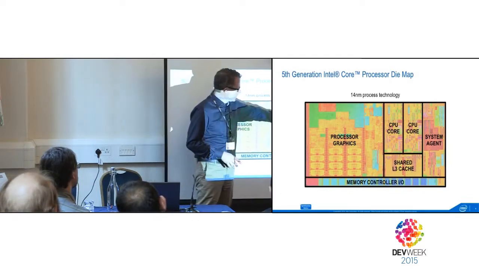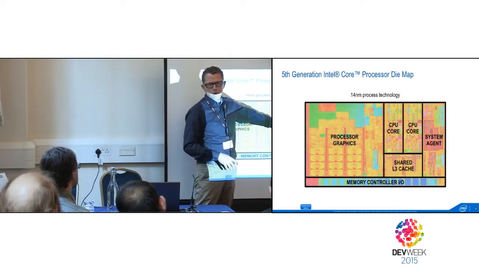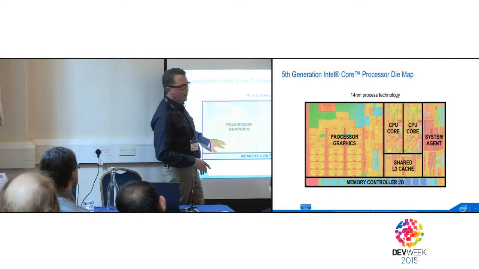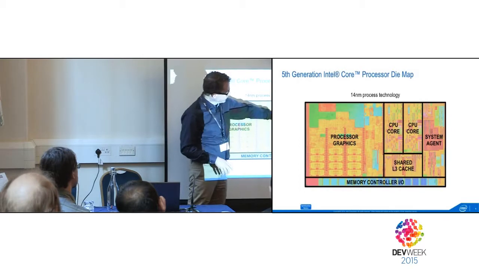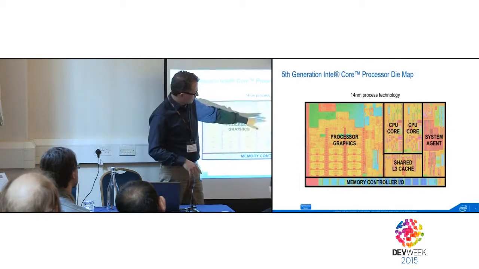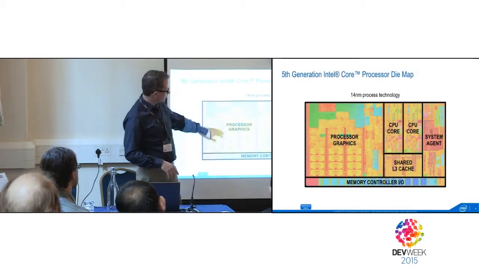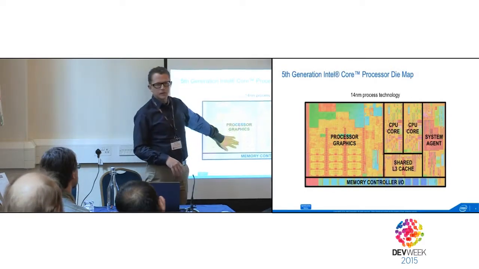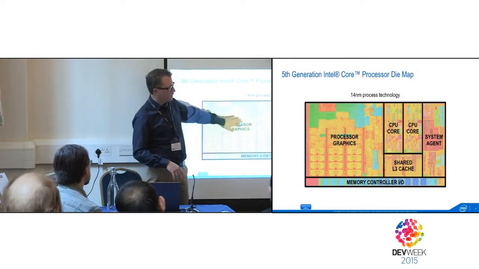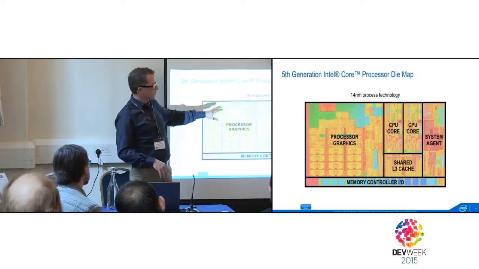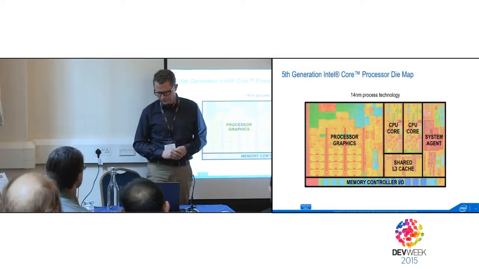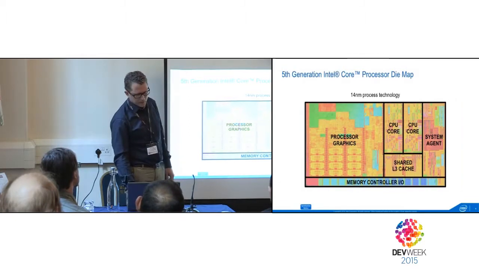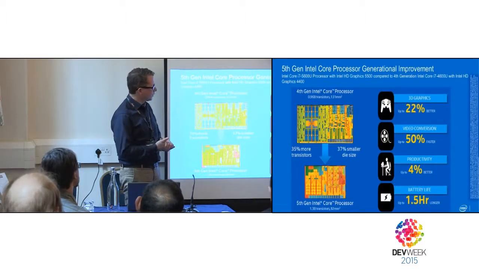So if you look at this, this is the CPU, right? CPU cores. I think this is a Core i5. And here are the 2 cores, a lot of shared memory, memory controller. But if you look at it, the processor graphics, the integrated graphics, is more than half of the die, right? So there's something we can do here. And there are many more things that if you're a C++ developer, you can do.